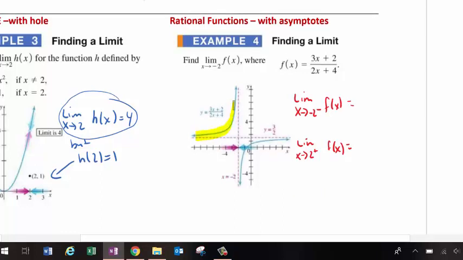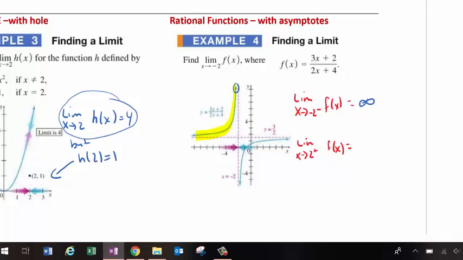So we're saying, okay, as we go closer and closer, what is my y value doing? My y value is going to infinity. Some textbooks would call this that it doesn't exist. I think it's better for us to label that the limit as x approaches negative 2 from the left side is positive infinity, because this tells me it's going up.